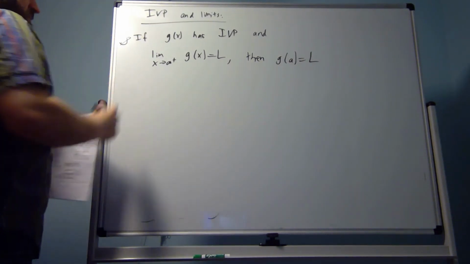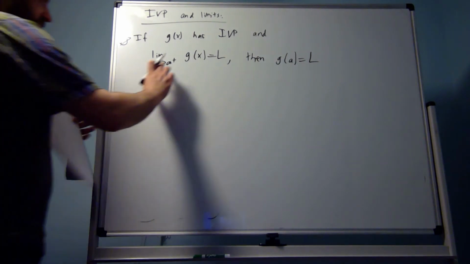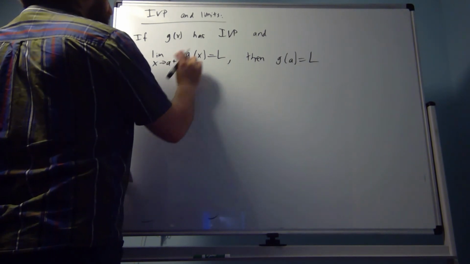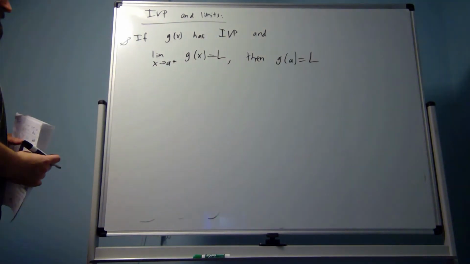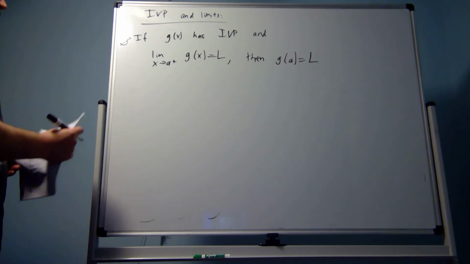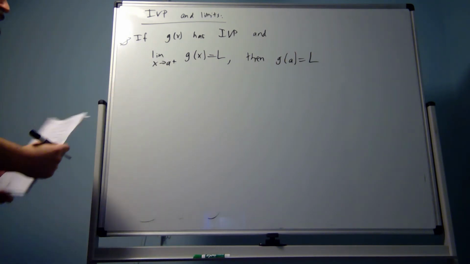This is just a true statement. It does require some proof. You might want to draw a picture and think about it some. But if the one-sided limit exists, and you pick a point within that interval, let's say the left end point, because we want to use the letter A here.